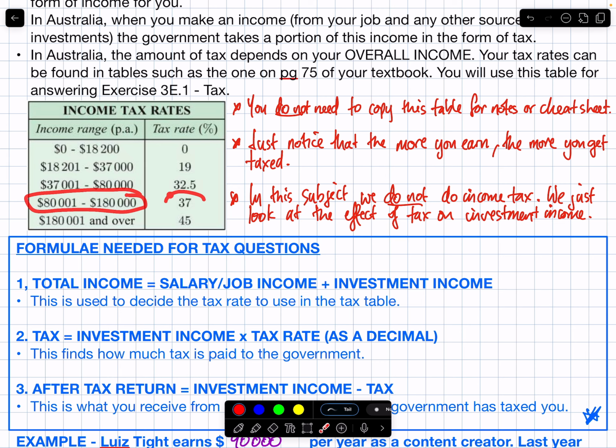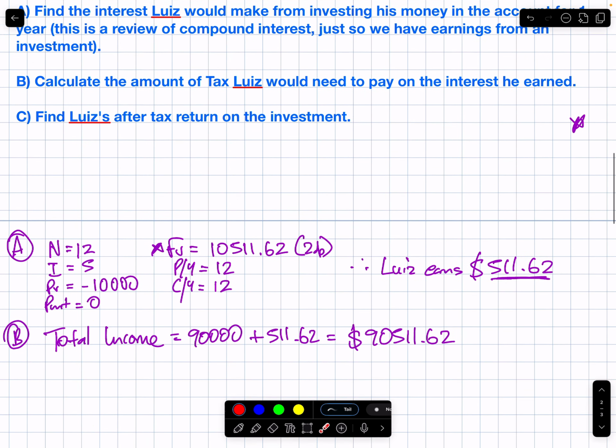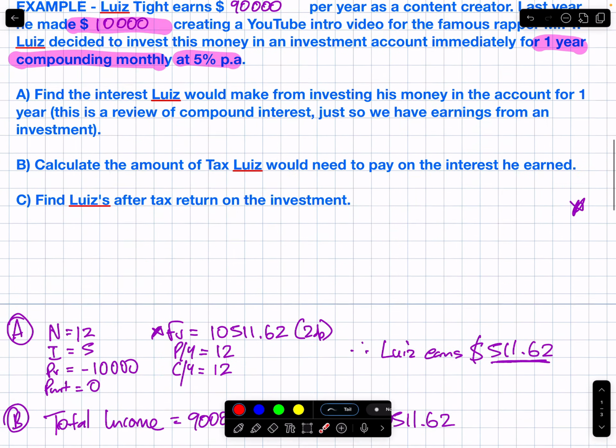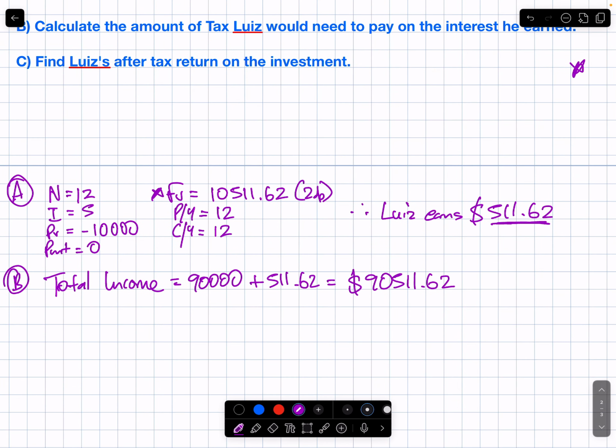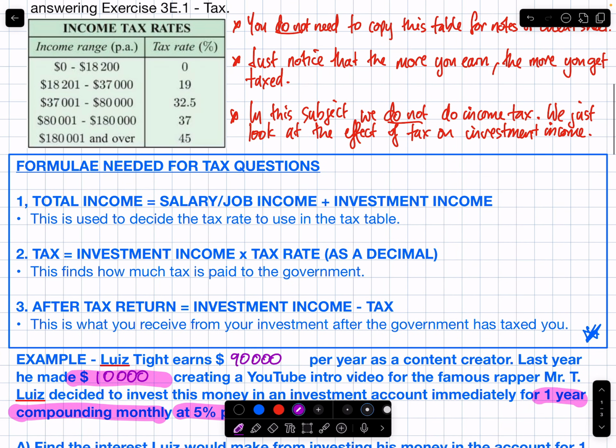So the government's going to take 37% of any interest he earned. So tax equals the investment income. He made $511.62 on his investment, times by the tax rate as a decimal. We determined that the tax rate was 37%.